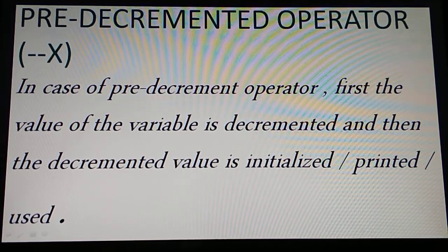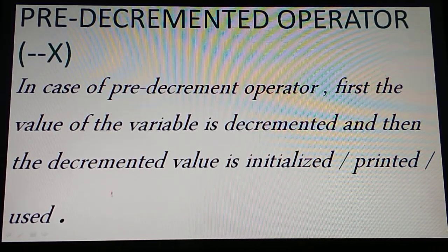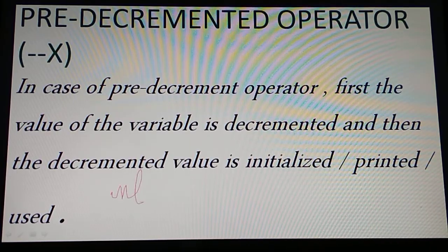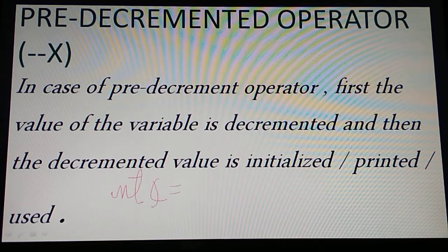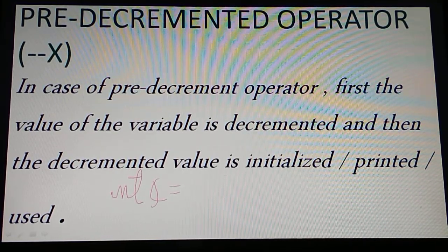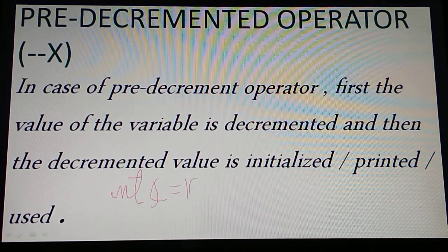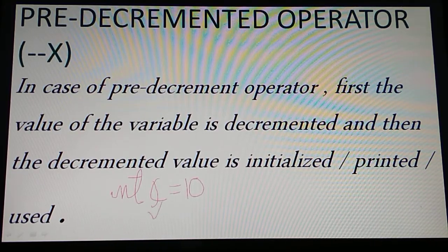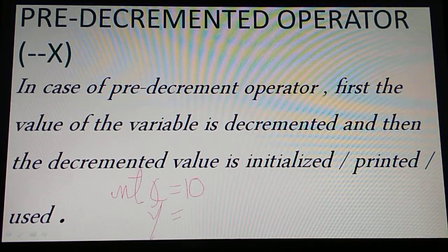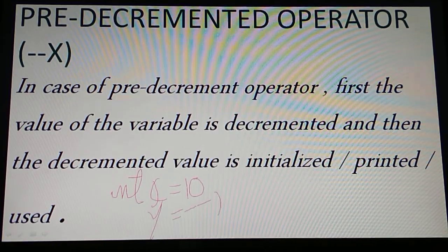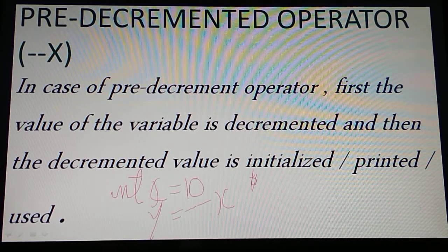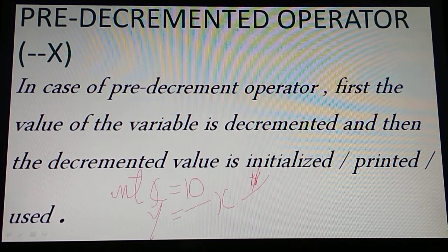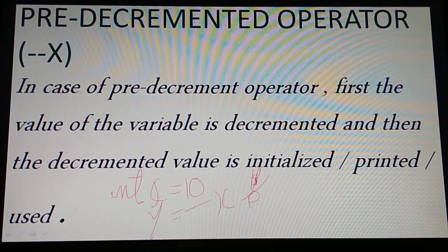Now let me write here int x, sorry for the bad handwriting. Int x equals 10, int y equals minus minus x. Now the output will be 10 and 9.